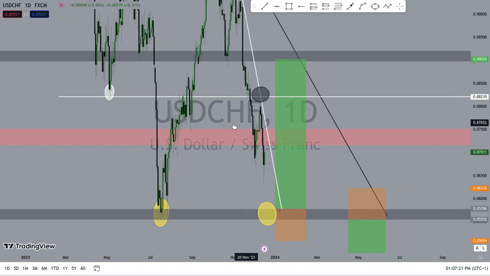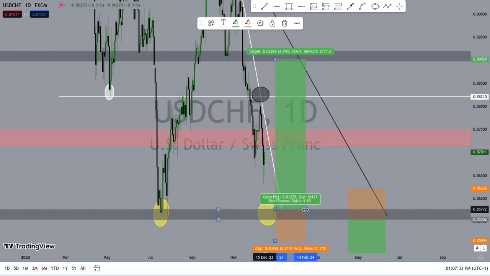So looking at USD CHF, we might see price coming down to this level, giving us kind of a double bottom, but we don't know yet until price gets to that level.